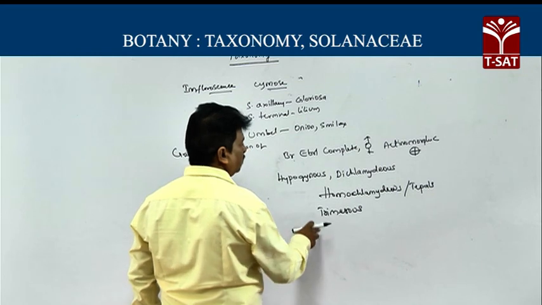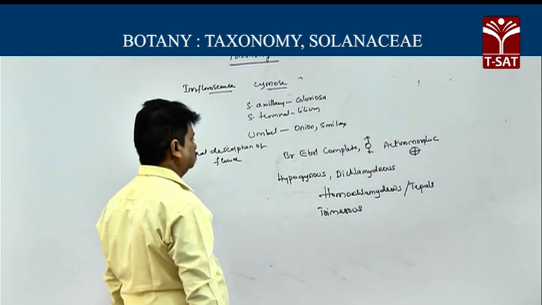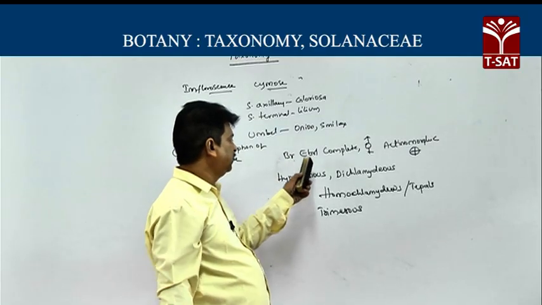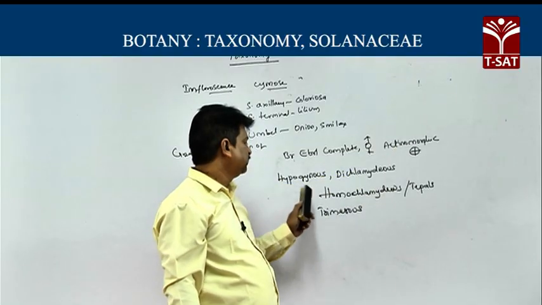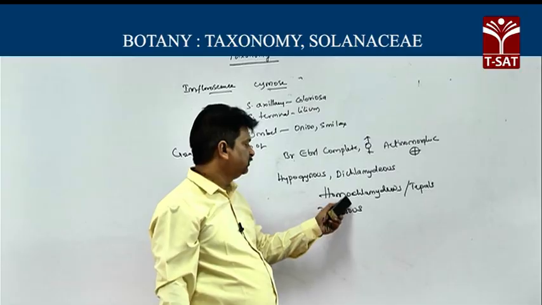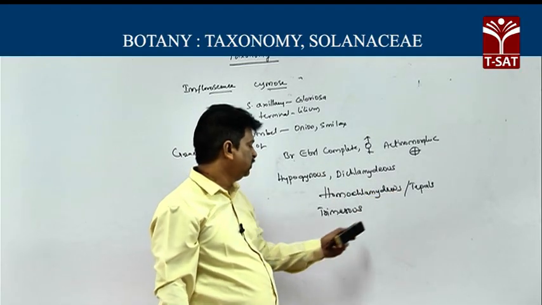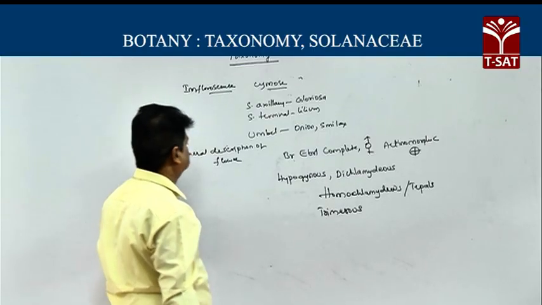That condition is called trimerous. So: bracteate, ebracteolate, complete, bisexual, actinomorphic, hypogynous, dichlamydeous, homochlamydeous called tepals, and trimerous.